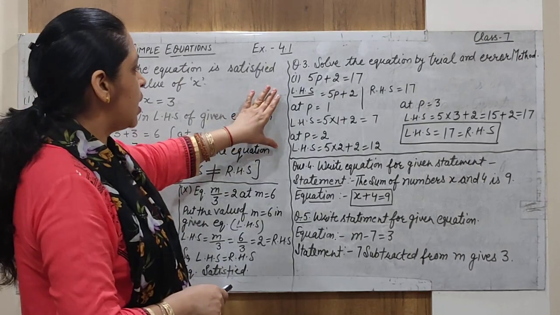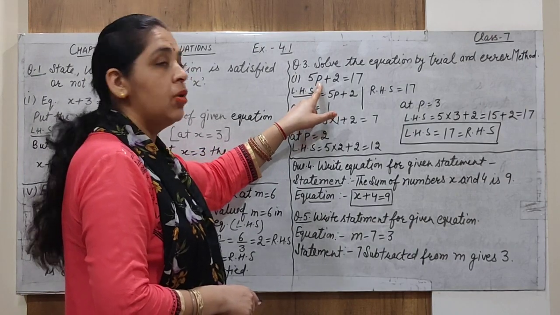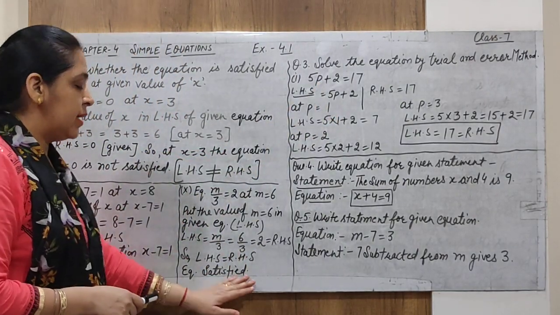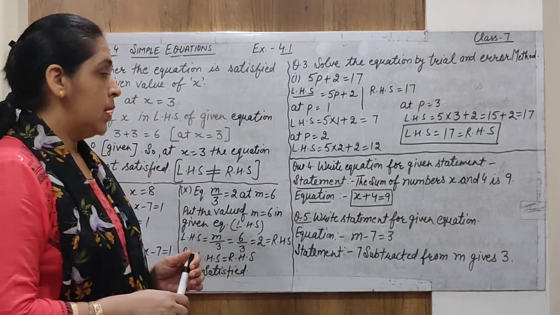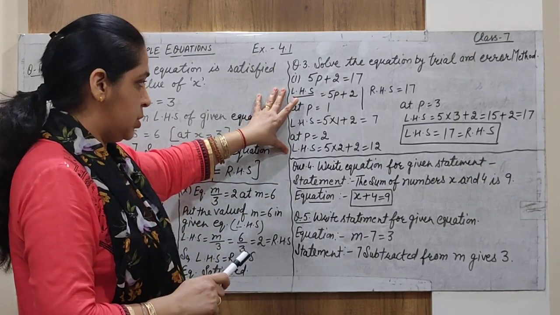But in the trial and error method, we have to put the value of a variable, any variable. Here the variable was x, there it was m, but in this case the variable is p. So, any variable there in the given equation.